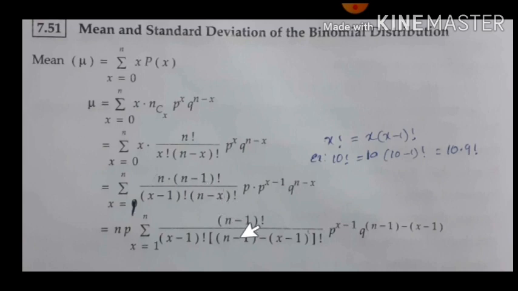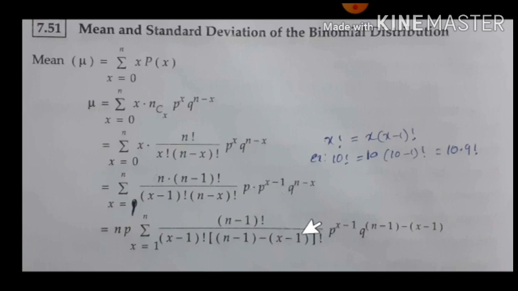Like n minus 1 minus x minus 1. If you simplify it, is it not n minus x itself? Observe that minus and minus become plus 1 and minus 1, so it gets cancelled. Means what will be left out? n minus x.